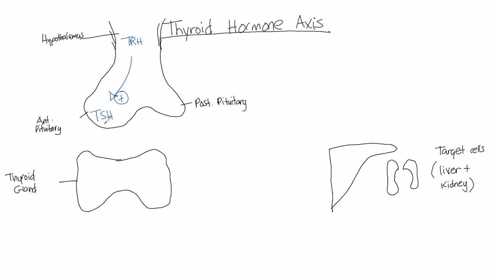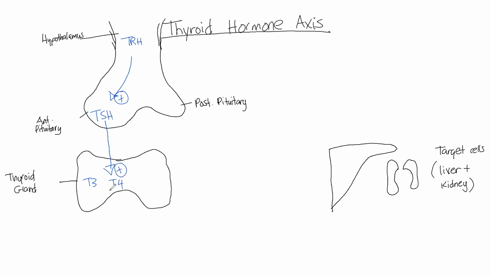And then thyroid stimulating hormone is going to have an effect on the follicular cells of the follicles of the thyroid gland to secrete T3, T4. So also a stimulatory effect here, okay? And then this produces T3 and T4.